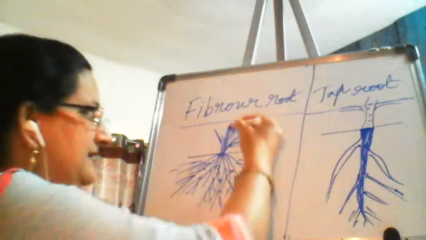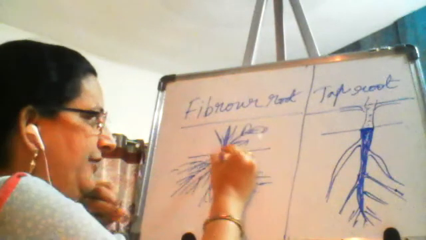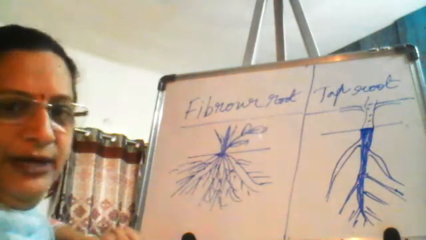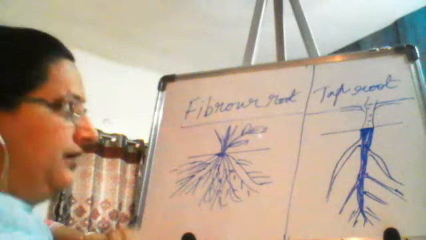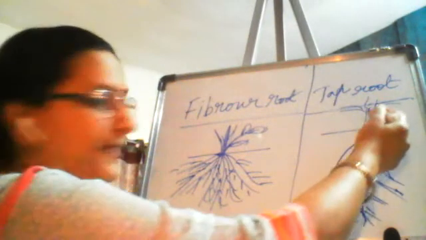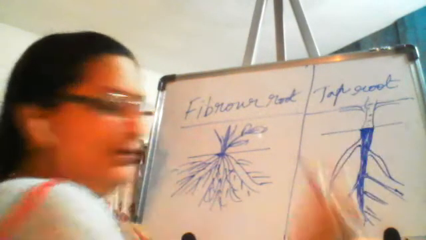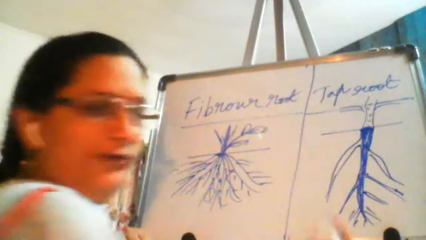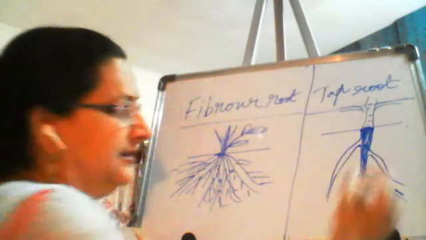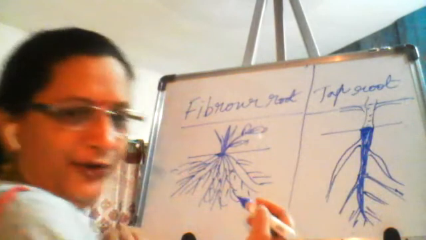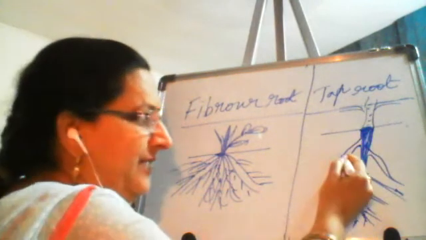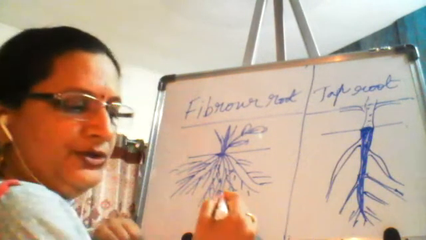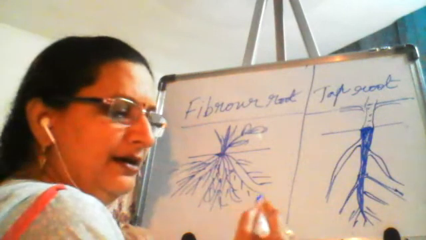You see, this is the stem, and from the end point of the stem, so many roots will grow. Here you have the taproot system. This also grows from the end of the stem, and a single main root is present, and you have the side roots also present.